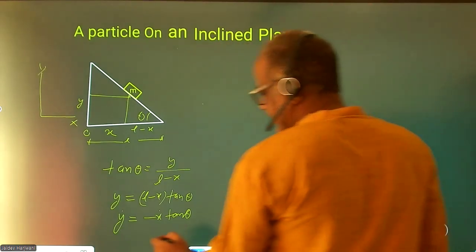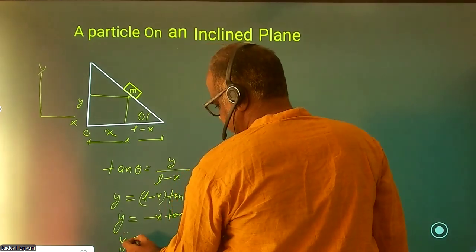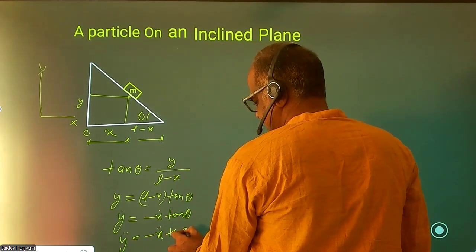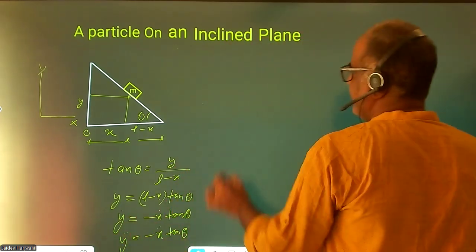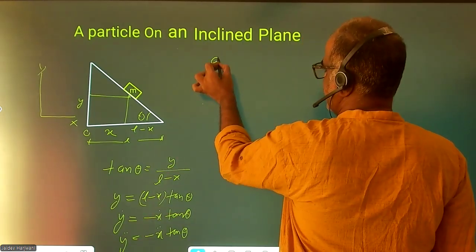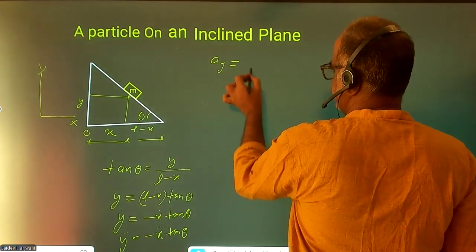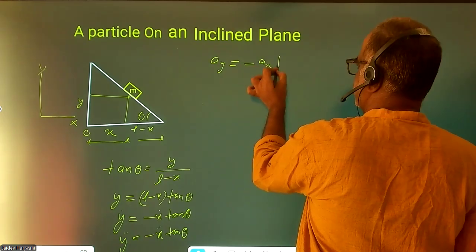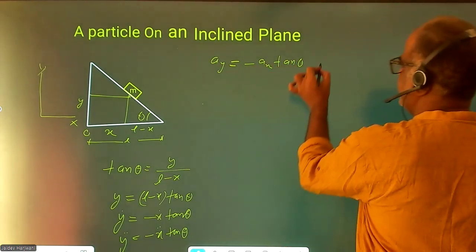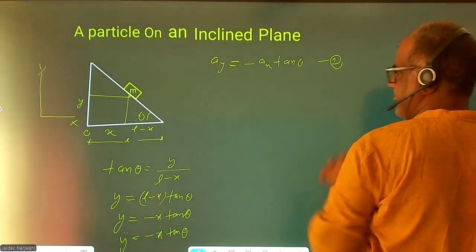Similarly, I can write y double dot is equal to minus x double dot tan theta. That means the acceleration in the y direction is equal to minus the acceleration in the x direction times tan theta. I say this is my equation number one. This is a constraint equation.